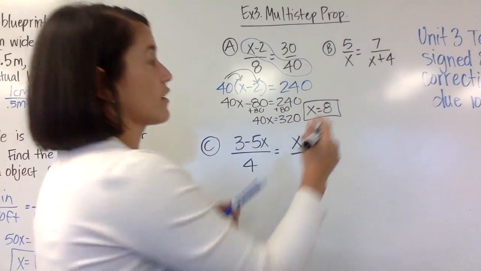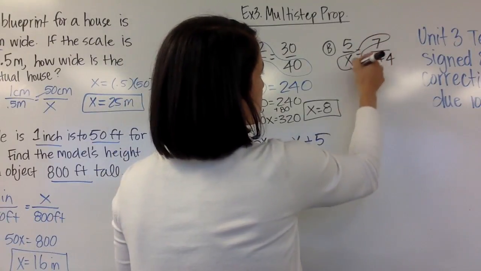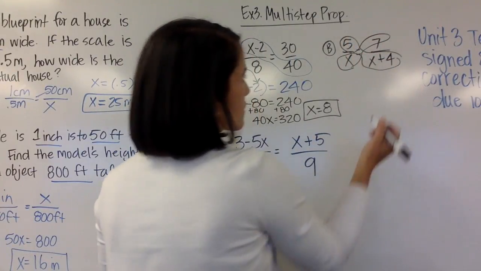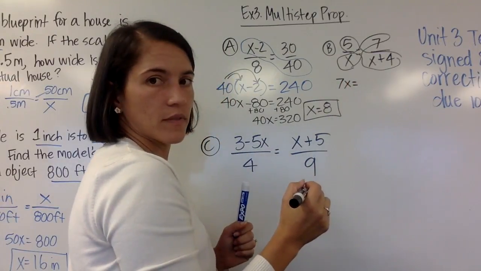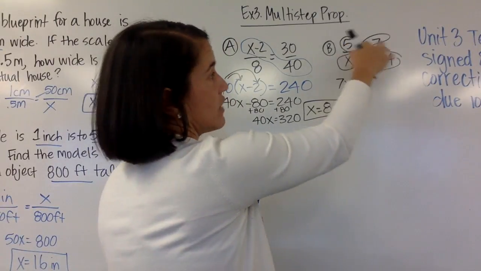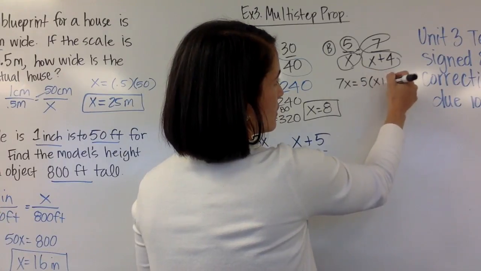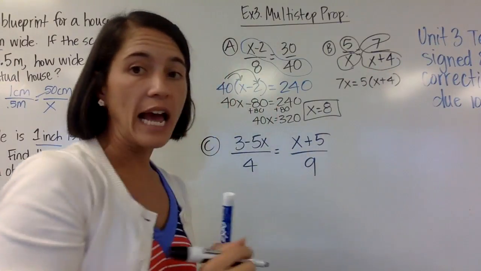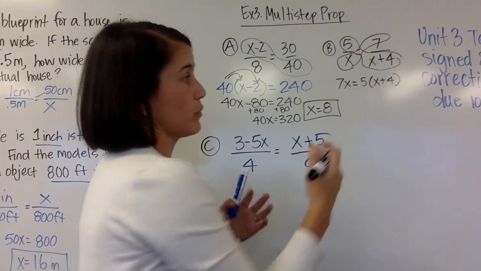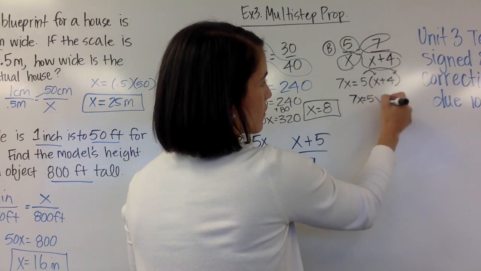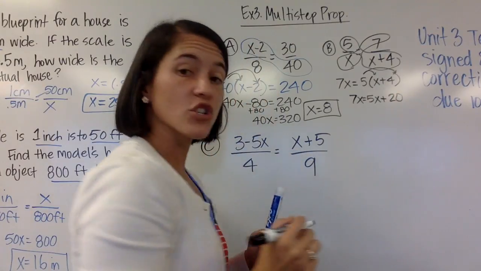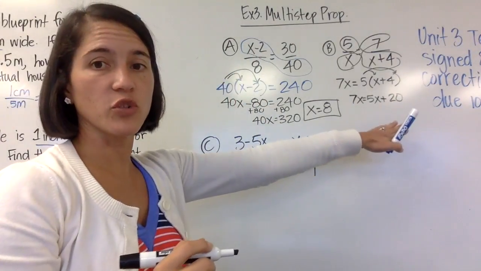Let's do B together. On B, I'm going to cross multiply again. And x times 7 is 7x. And 5 times this is 5 times x plus 4. We put it in parentheses. We need to distribute. When I distributed, I got 5x plus 20.